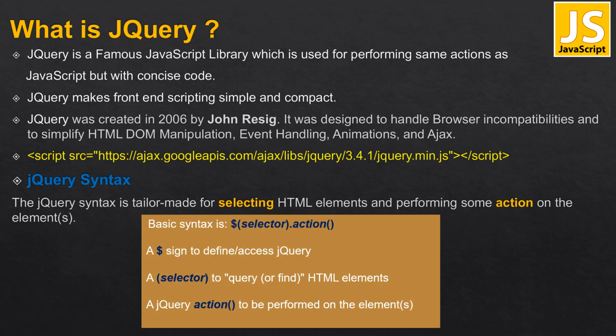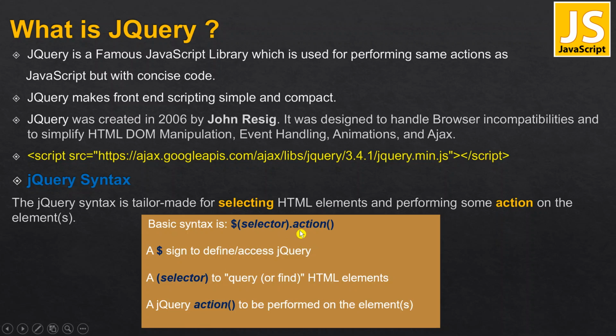Many types of selectors are there: id selectors, class selectors, like that. If you know the selectors concept, the same concept will be used here also. The selector is used to query or find the HTML elements. This is the first step. Find or query the HTML elements, then apply some action over those HTML elements.